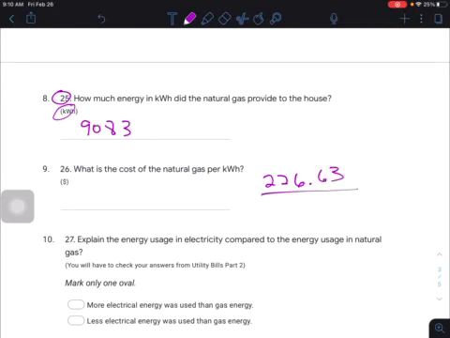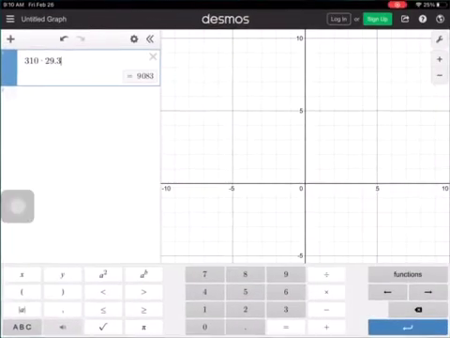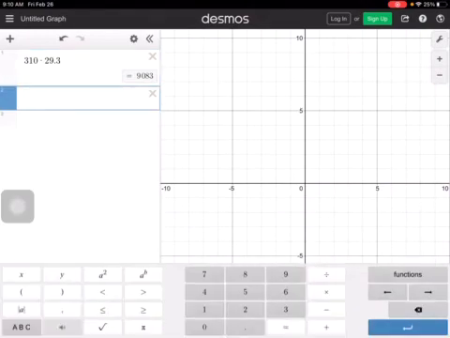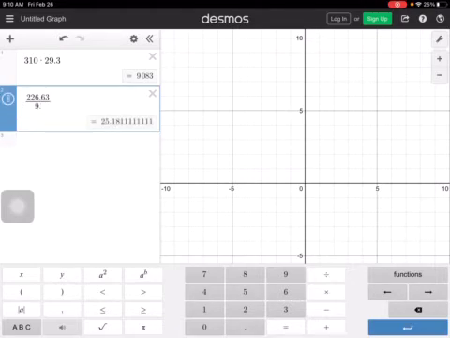Per kilowatt hour, we just figured out it's 9,083 kilowatt hours. 226.63 divided by 9,083.